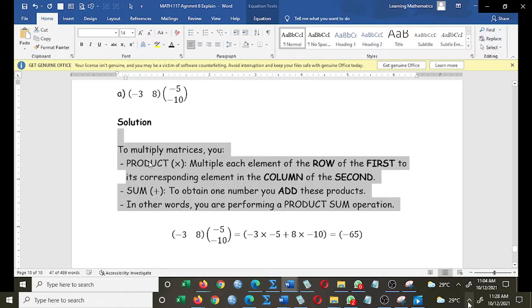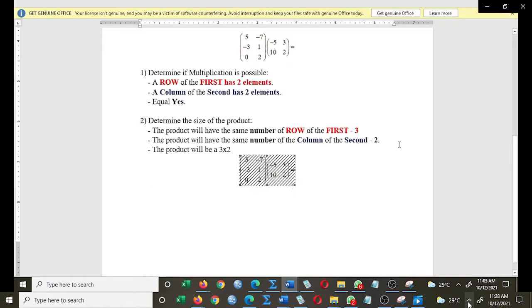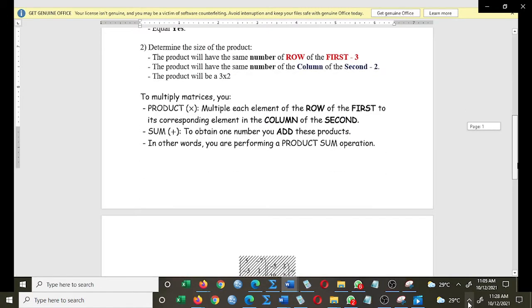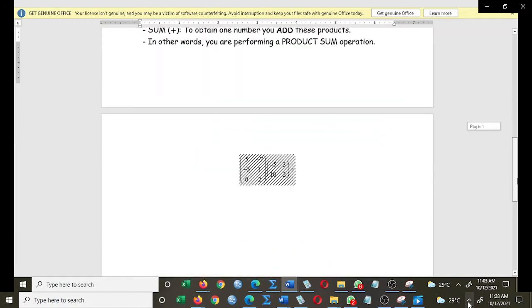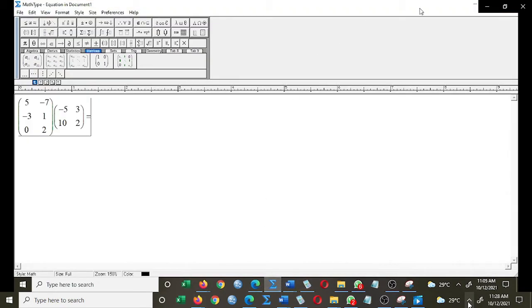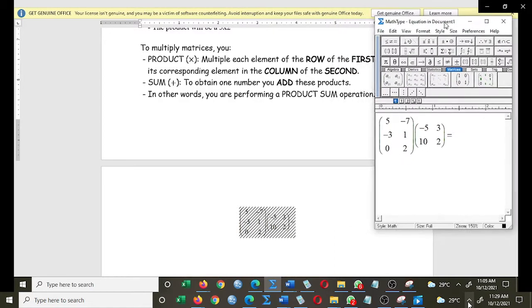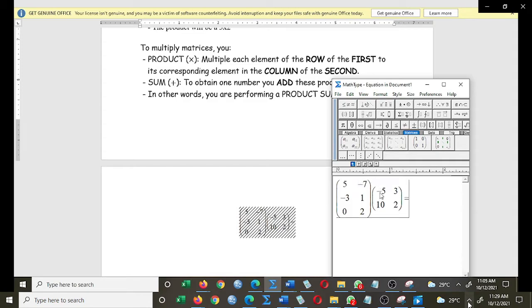Just as a reminder, we multiply corresponding elements of the row of the first by the column of the second.